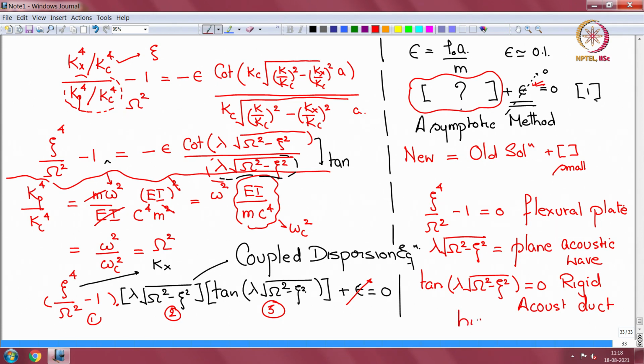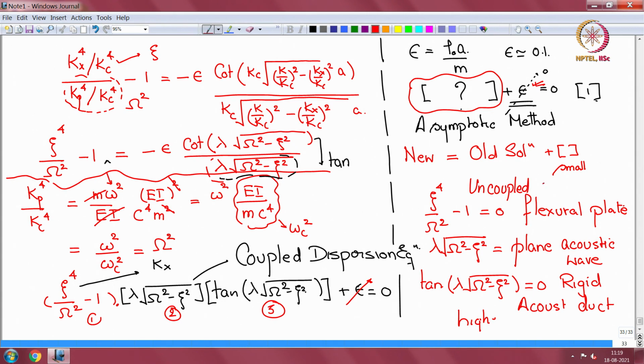So, rigid acoustic duct, higher order waves. There are three solutions. These are what I call uncoupled solutions.